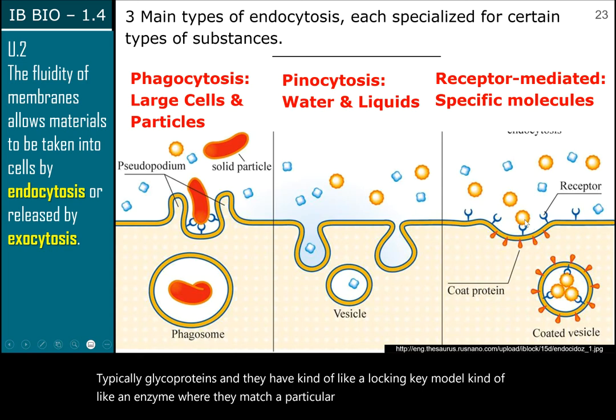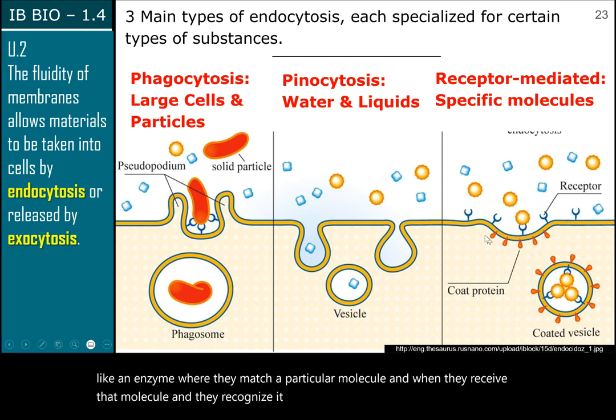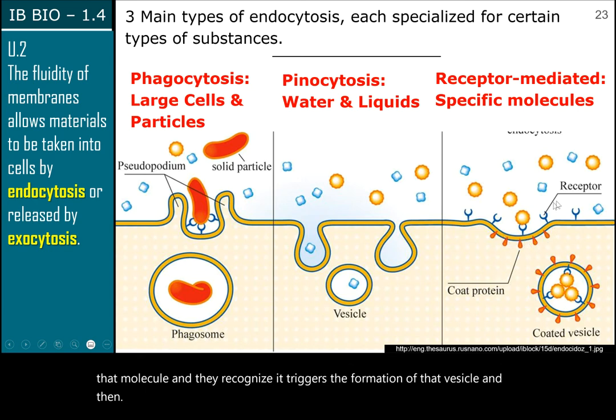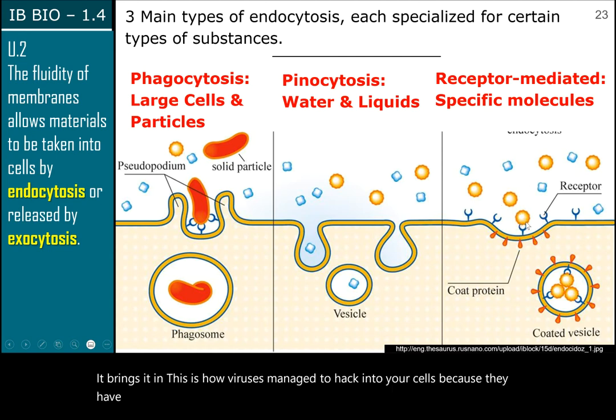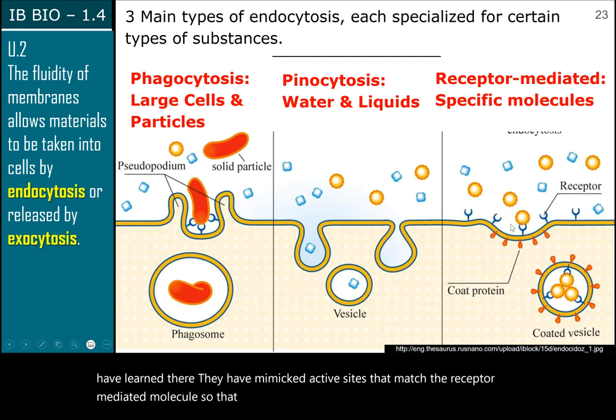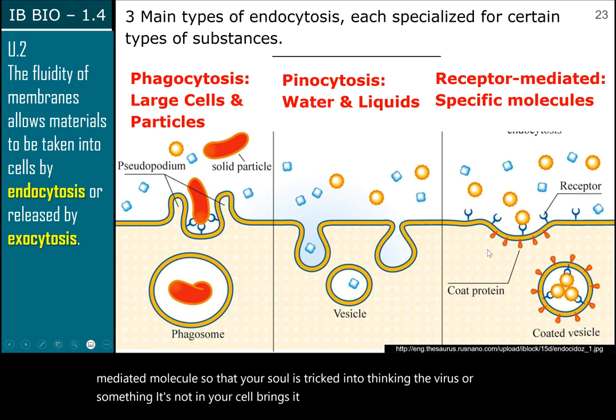And when they receive that molecule and they recognize it, it triggers the formation of that vesicle, and then it brings it in. This is how viruses manage to hack into your cells, because they have mimicked active sites that match the receptor-mediated molecule, so that your cell is tricked into thinking the virus is something it's not, and your cell brings it in. It's kind of like a wolf in sheep's clothing.